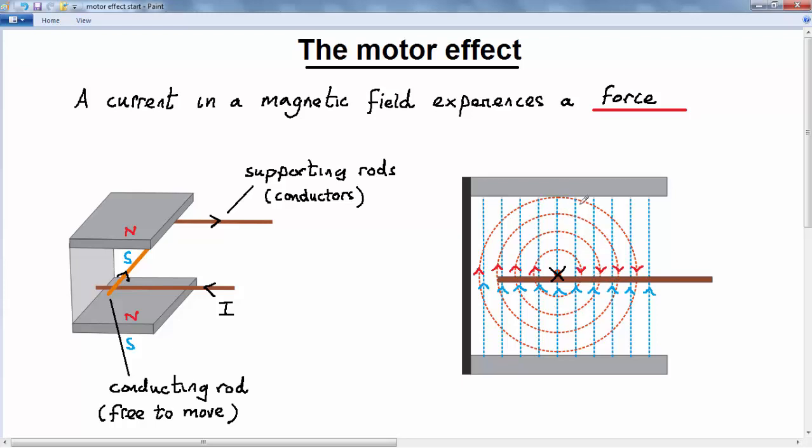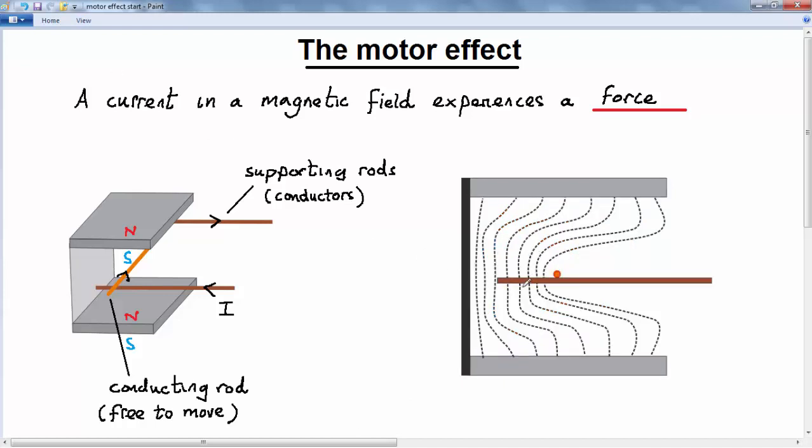The combined effect of the magnetic field pattern, due to the interaction of these two magnetic fields, will look something like this. You can clearly see that to the left of the rod the magnetic field is intensified, to the right of the rod it is a lot weaker, and as a result a force is exerted on the rod pushing it to the right.